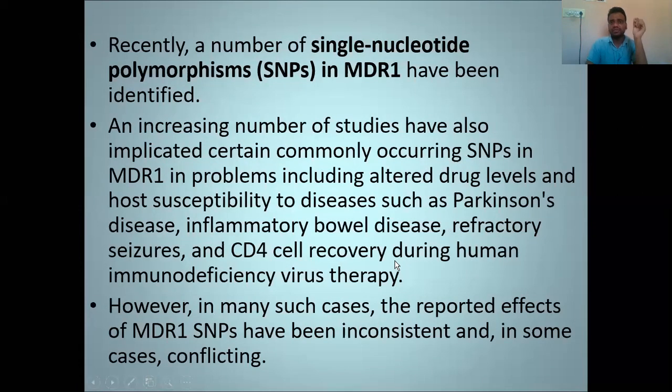So recently, a number of SNPs in MDR1 have been identified. That's why this is a growing field now. And I was telling you, if you want, you can design a research study in your hospital. Of course, it needs funding, but that's going to be a good study.